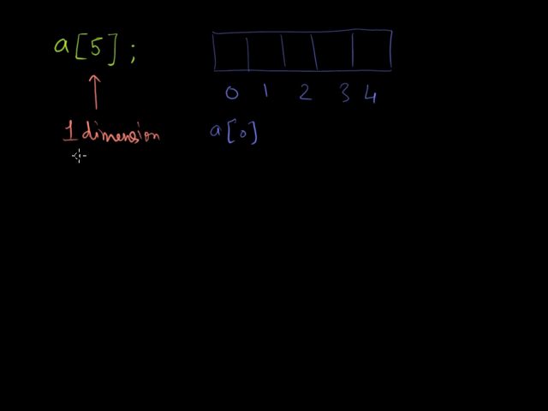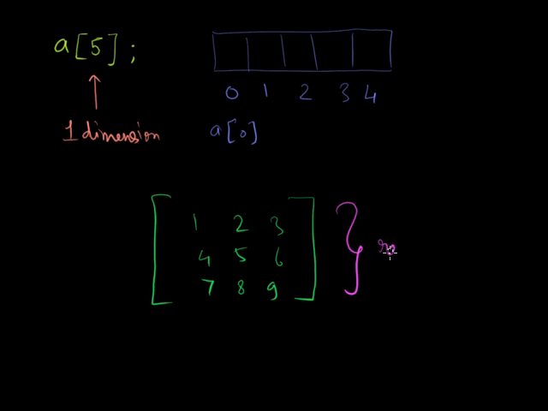But you can also have an array which looks like a matrix, which can have more than one dimension. Let's say I have a matrix like this: 1, 2, 3, 4, 5, 6, 7, 8, 9. So it has 9 elements. Now what you can see are two-dimensional arrays, because this array has 2 dimensions.